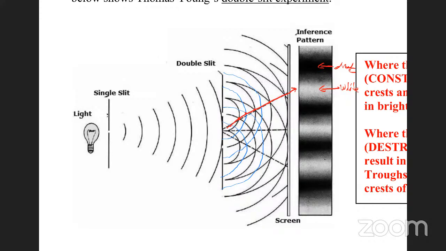But watch this here. Right, look. I didn't get too much, right? But if you look here, crest and trough, crest and trough, crest and trough, crest and trough. Along that line is destructive interference.